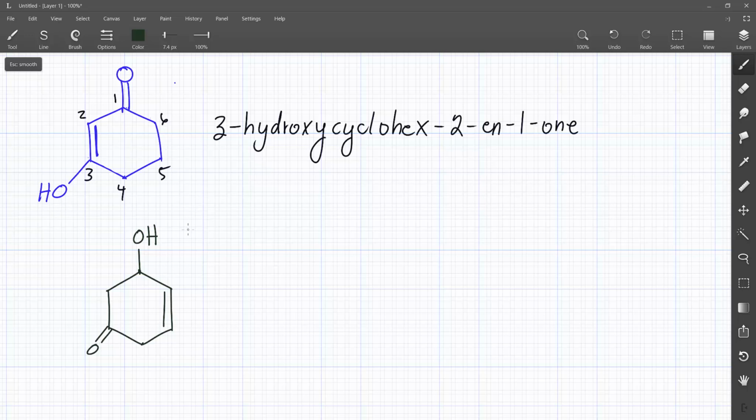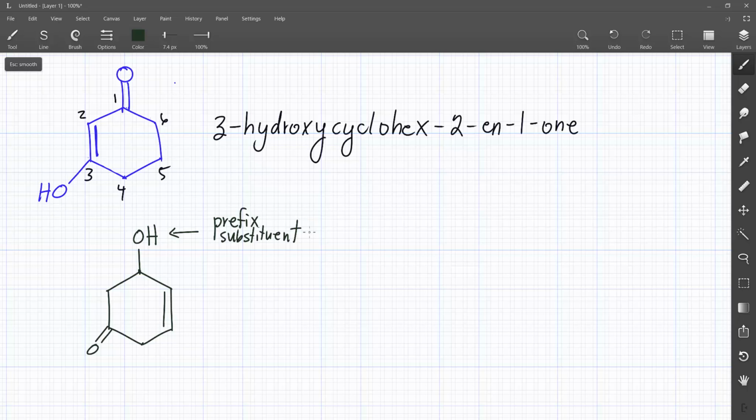Our OH would show up as a prefix substituent. And our alkene and our ketone, those would be suffix endings.